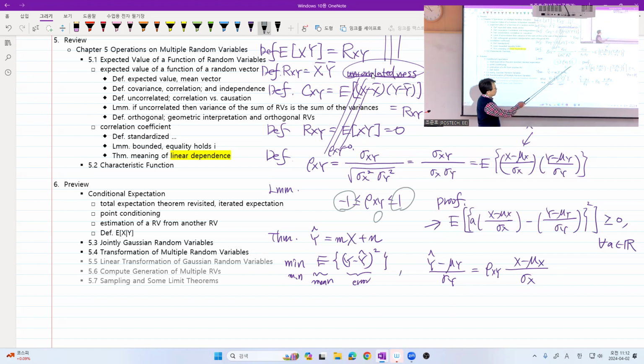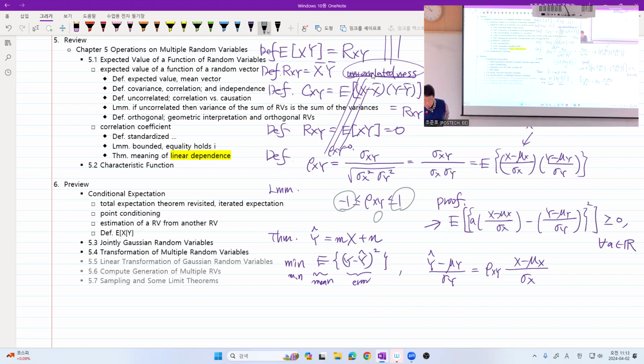What about the case where rho equals 1 and rho equals negative 1? In that case, not only does the slope become positive 1 and negative 1, but the mean squared error becomes 0. What does that mean?